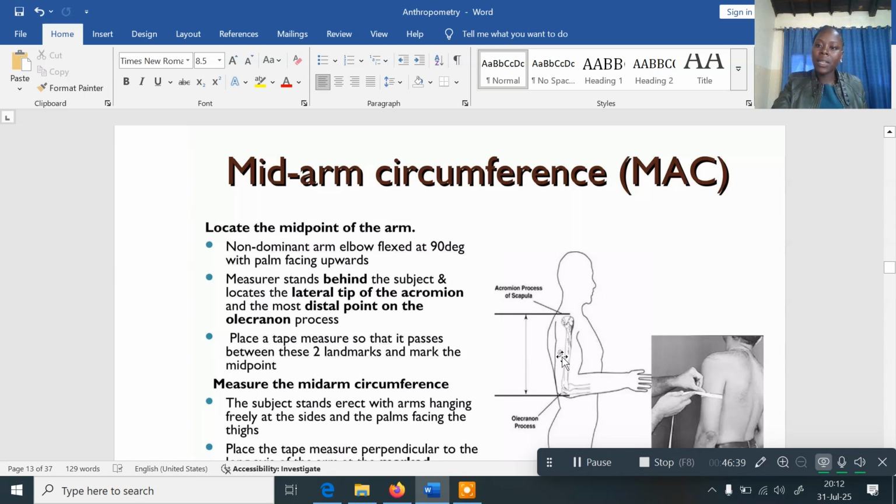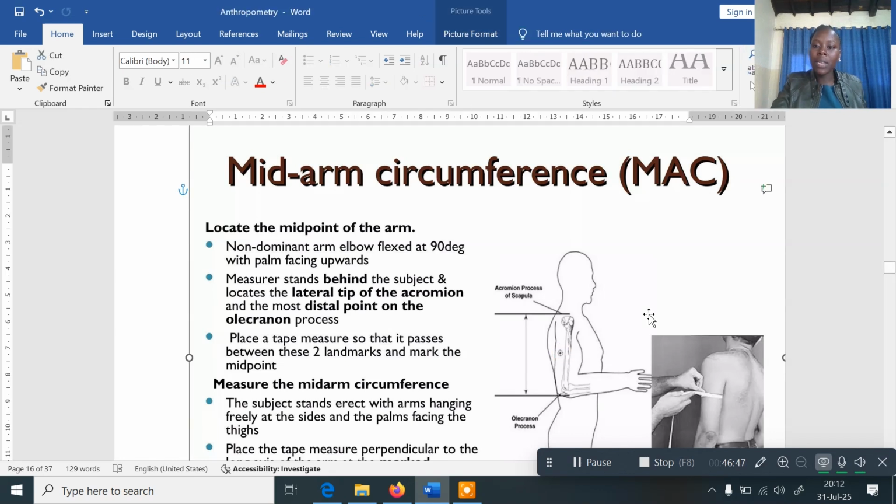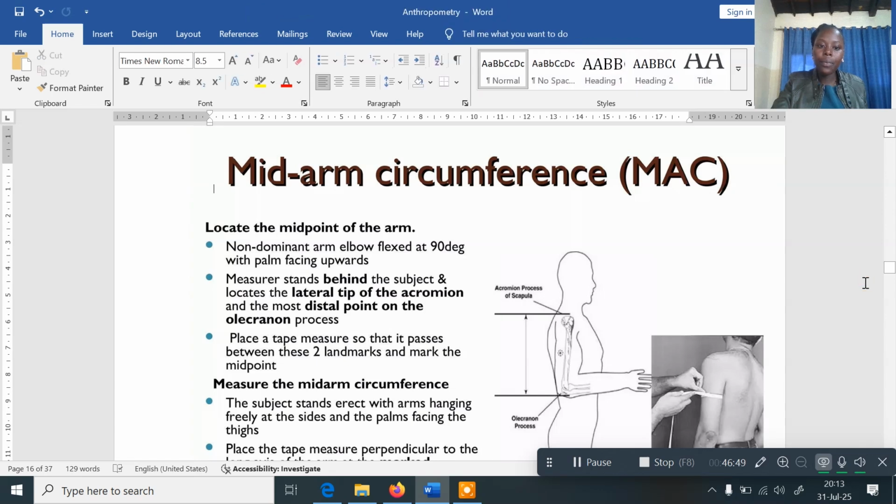So that is the mid-upper arm. It is where you're going to get your arm circumference from. So after measuring that mid-upper arm, next you're going to measure the mid-arm circumference, from that point you have marked, the point that makes the middle of these two landmarks.